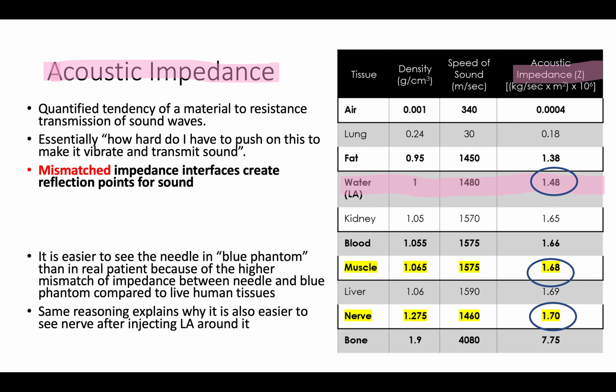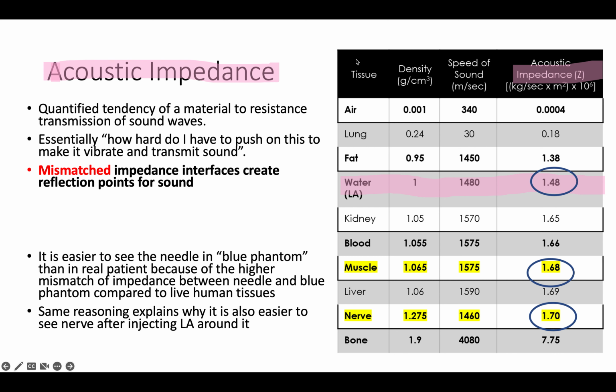It's a very important notion in sonography, because tissues that have different impedance and are positioned close to each other are responsible for all these multiple echoes. So mismatched impedance interfaces create reflection points for sound.